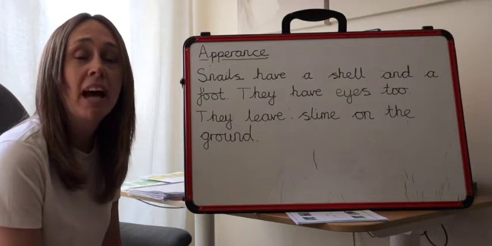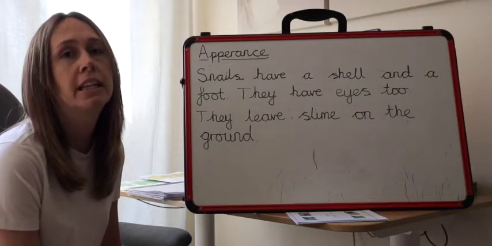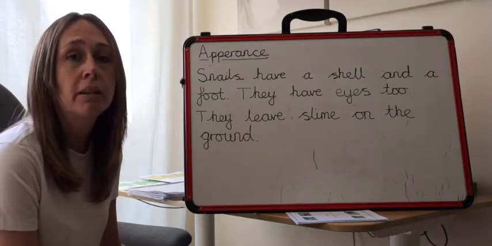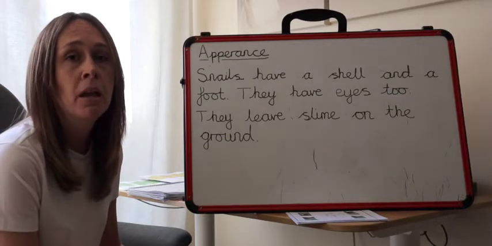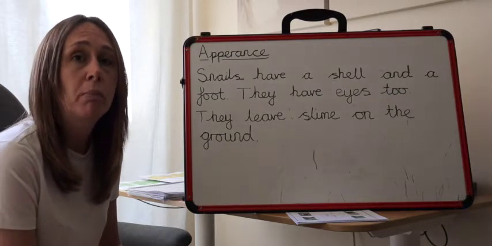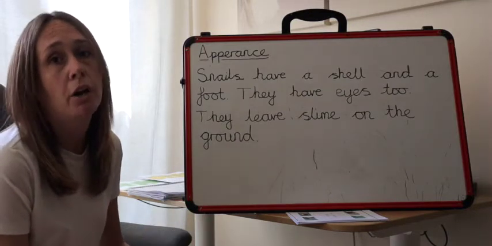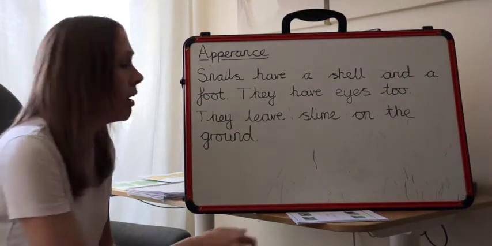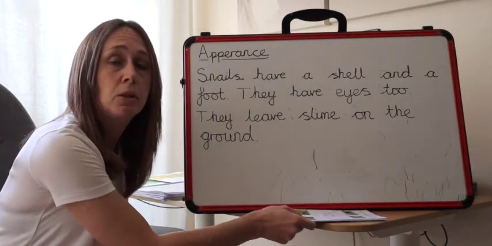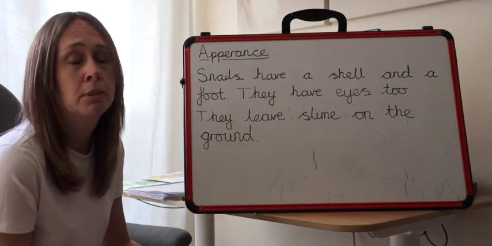Okay, so we've had a look at what some information writing needs to include. So now we can start to make our books. You can print off the template on the website, or you can make your own book using paper that you've got at home. It doesn't matter. I have started my book. I've been doing some research on some snails.